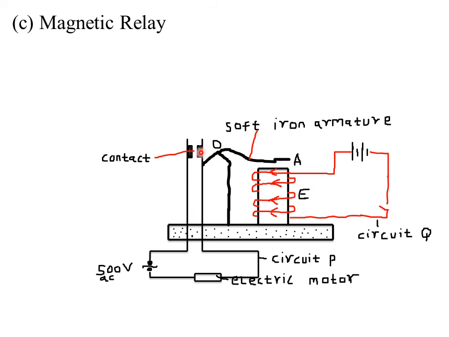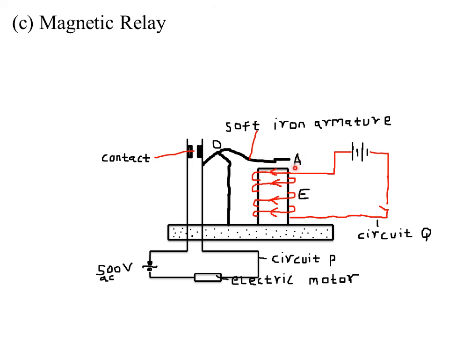As this other part moves up, it closes this particular contact and therefore switches on circuit P. So when the circuit Q is completed, a small current flows through the solenoid E, which acts as an electromagnet and in turn attracts the soft iron armature A. The attraction of the soft iron armature A onto E closes the contact in circuit P by pushing the spring metal strip.